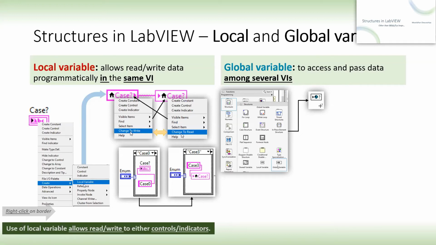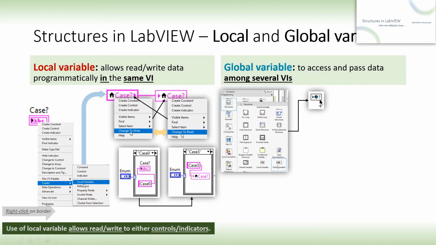You can find it here: local variable is here, and global variable is here. Go to structures and global variable. It will appear like this. You see a globe here with a question mark, meaning it's not defined yet. When you put it on your block diagram, it looks like this.